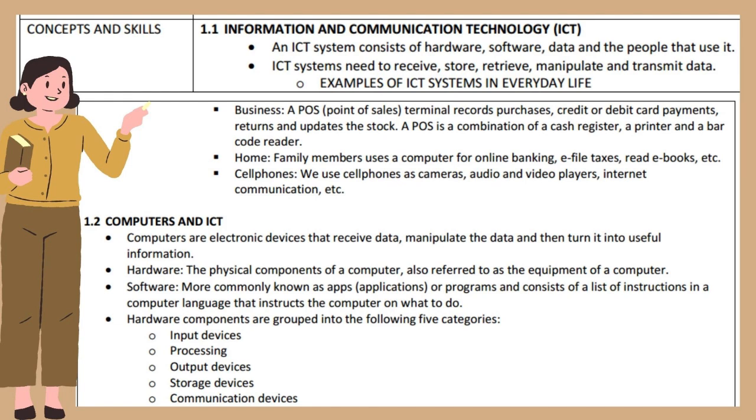Software, more commonly known as apps, applications, or programs, consists of a list of instructions in a computer language that instructs the computer on what to do. Hardware components are grouped into the following 5 categories. Input devices, processing, output devices, storage devices, communication devices.